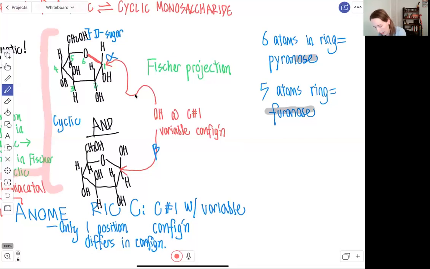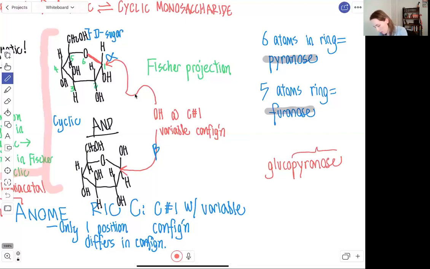Furanose 5, pyranose 6. And so to illustrate that these glucose molecules are in the cyclic form, what we do is build a name that incorporates the term glucose, so gluco for glucose, and then indicate after that pyranose, indicating that it is in the 6-atom ring structure, the specific one that we are referring to.